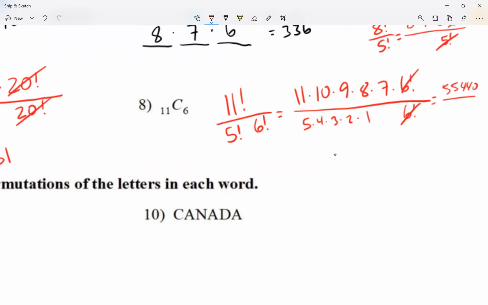And now here at the bottom, I have 5 times 4 times 3 times 2 times 1, which is 120. Now divide those two numbers, and I get 462.